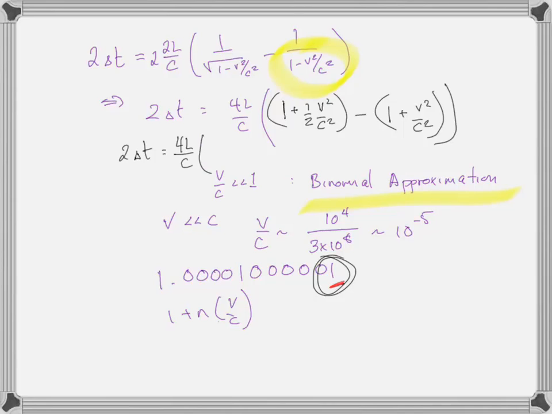Okay, so we can go ahead and multiply this out, and we get minus 1/2 v squared over c squared. And so that ends up being L v squared over 2c cubed with a minus sign.